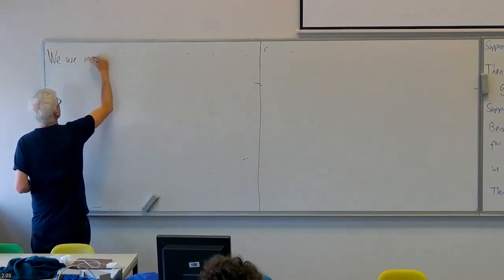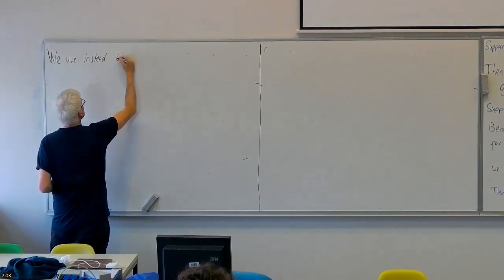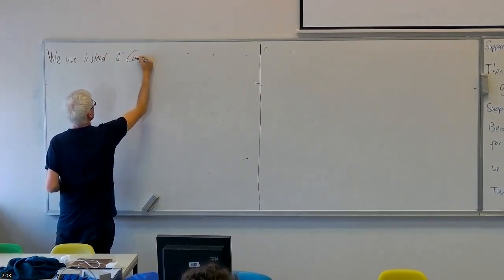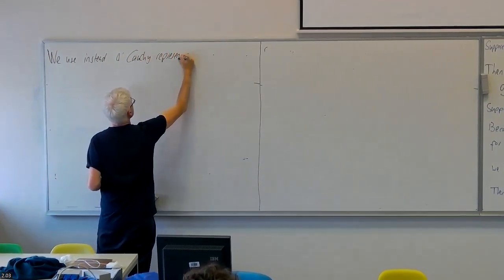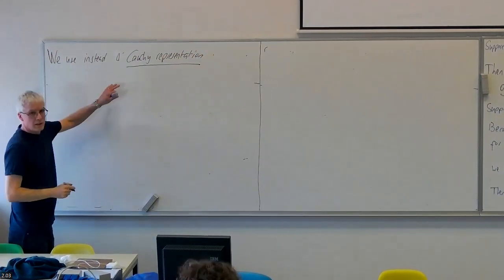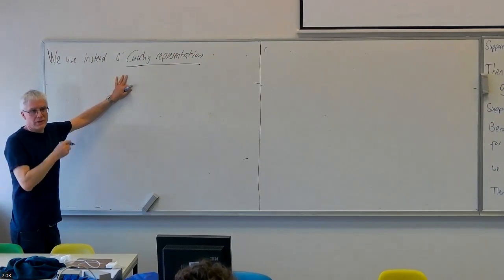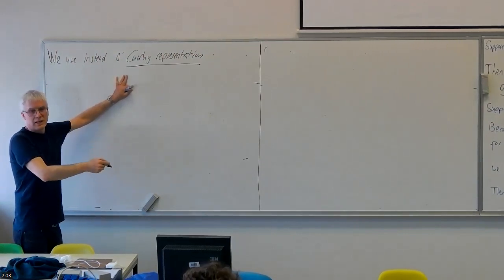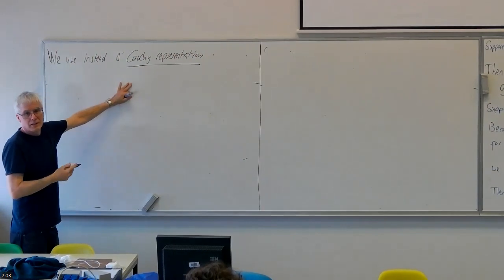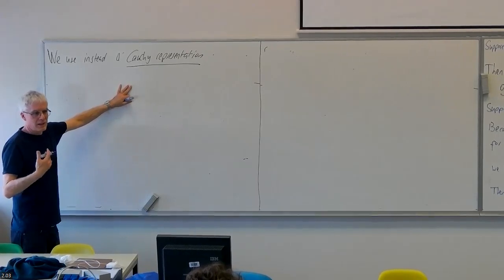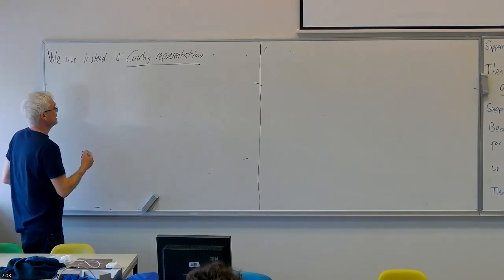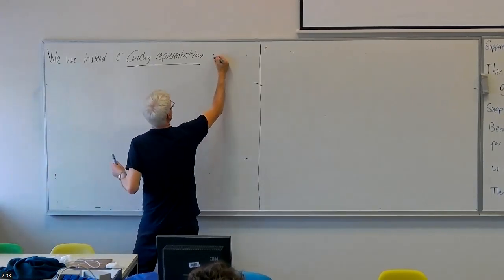We're going to use instead a representation which I'm going to call a Cauchy representation. The idea is to represent real numbers, rather than as digit sequences, as Cauchy sequences of rational numbers, and to have rational numbers that we have nice, easy representations for, we're going to use dyadic rational numbers. I'll say what that means in a moment.